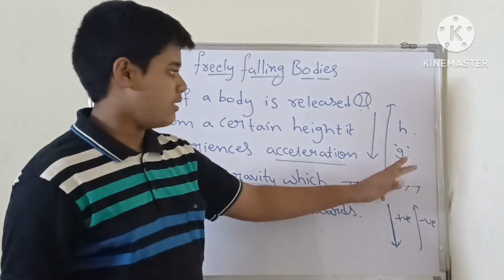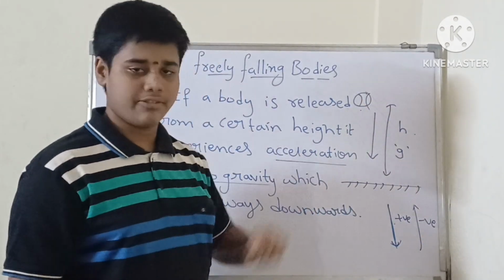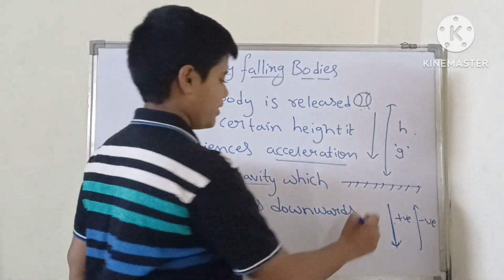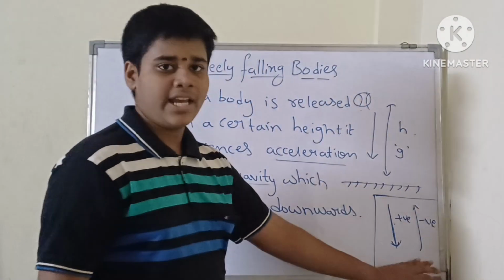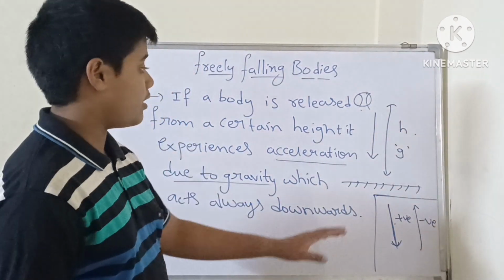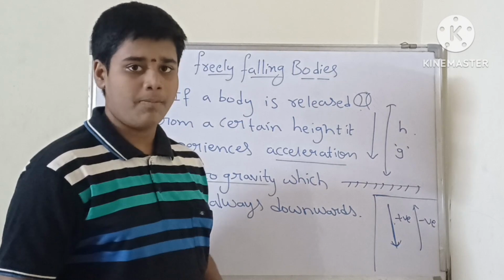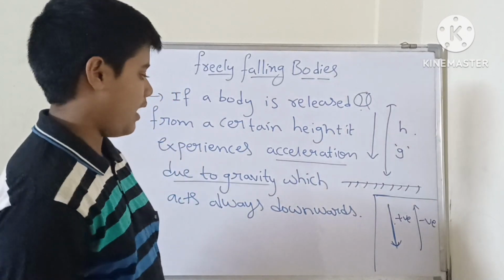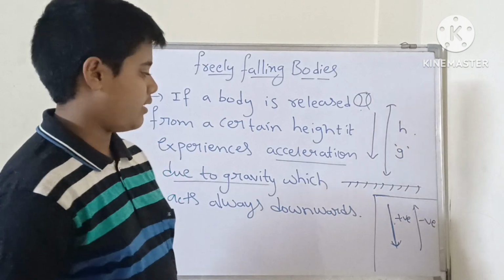Downwards positive means gravity positive, upwards negative means gravity negative. Okay, remember this point. This sign convention is used until the completion of the problem. Any questions? Okay.